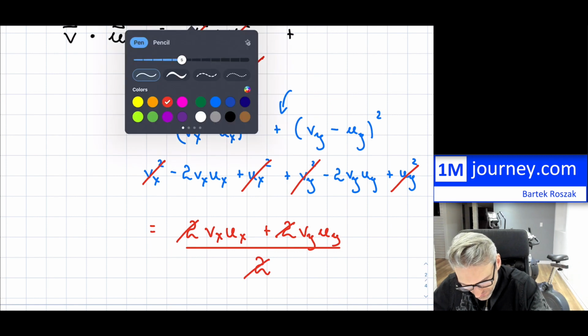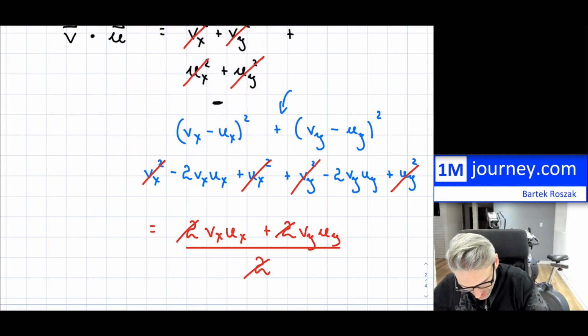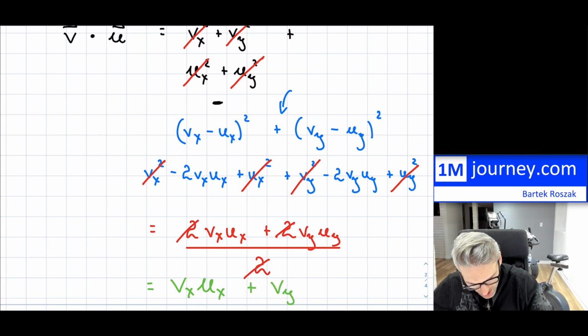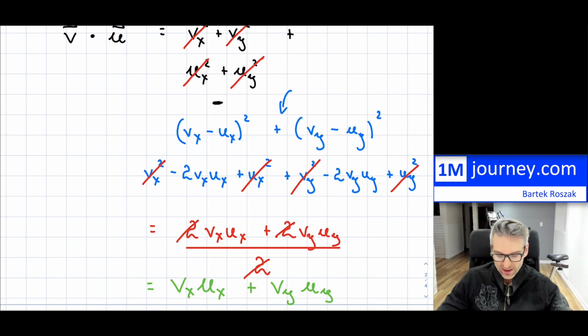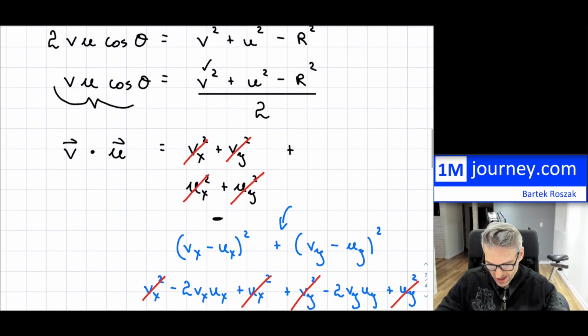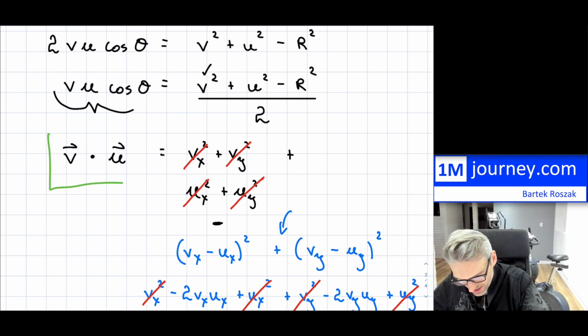If I write this whole thing out now, it is equal to vx ux plus vy uy. So that's the right-hand side, and my left-hand side is right here.